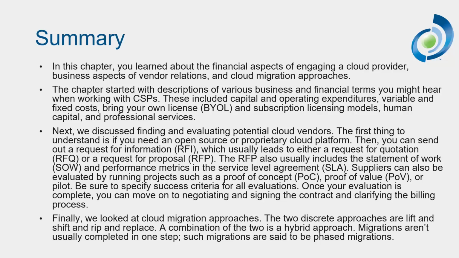Suppliers can be evaluated by running projects such as proof of concepts or proof of values or a pilot. So be sure you specify success criteria for all of the evaluations. And once your evaluation is complete, you can move on to negotiating and signing the contract and clarifying the billing process.